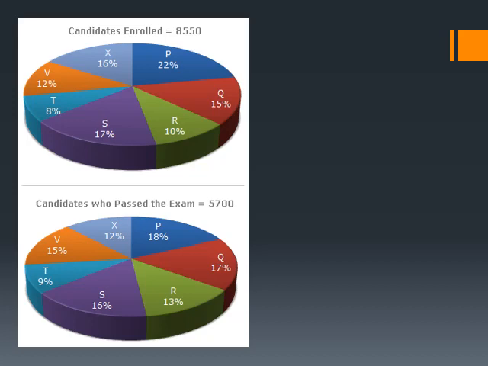So the first pie chart indicates the breakdown of the students from institutes P, Q, R, T, S, V, and X, and the number of students who have passed in the exam from these institutes. That is what is given at the bottom. P, Q, R, S, T, V, and X. The percentage is given in both cases.